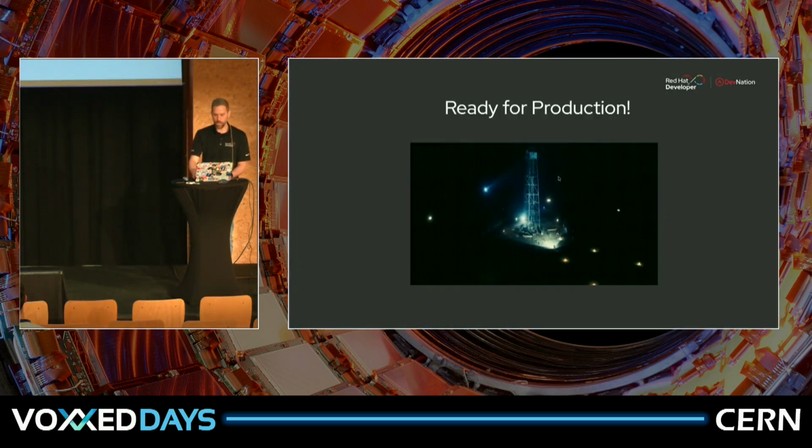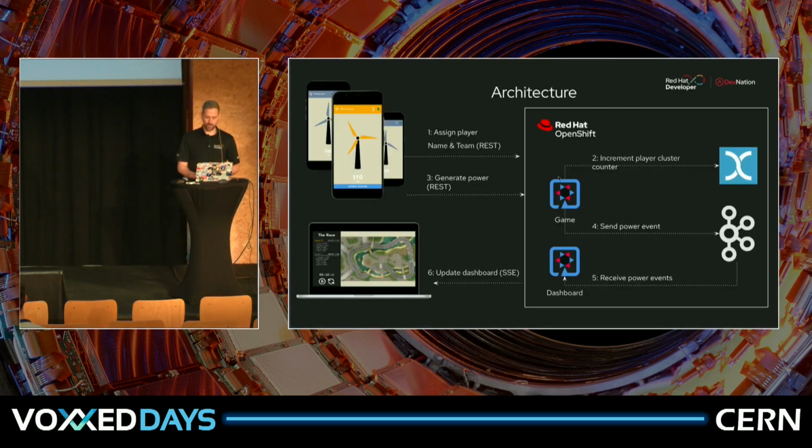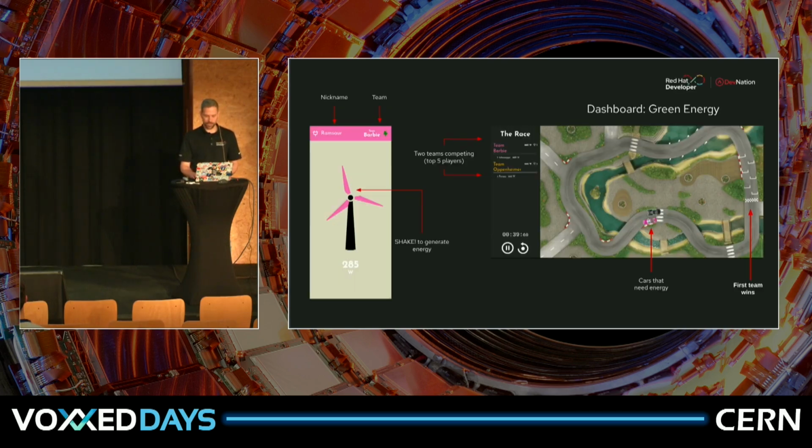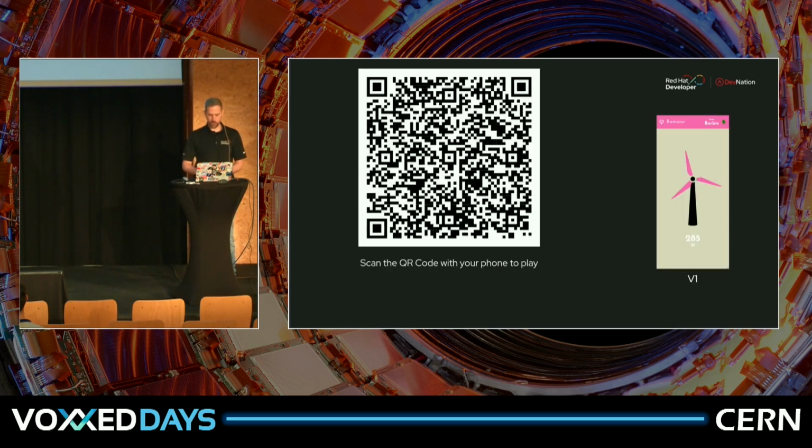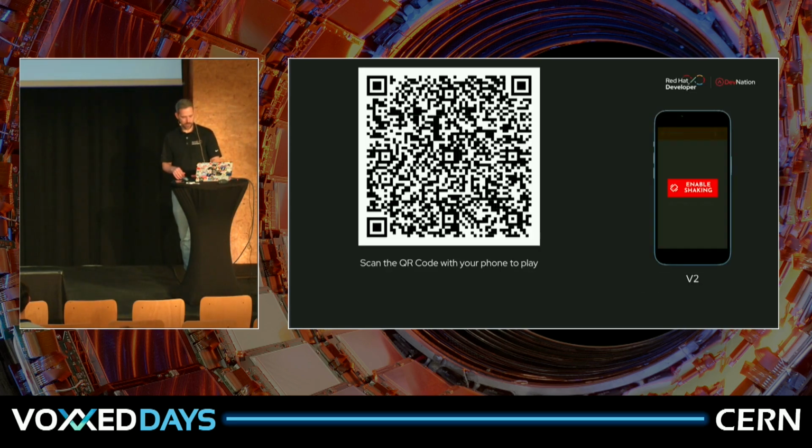Unfortunately, we're running out of time, so I just want to show the final demo real quick that has all these capabilities built in, and then you can race the car game real quick. So basically, to play this game that now we're fully in production, we have all these different capabilities. You can pick your own team to race, and let's go to version 2 directly, which is shaking your phone to make the cars go, which is pretty interesting.